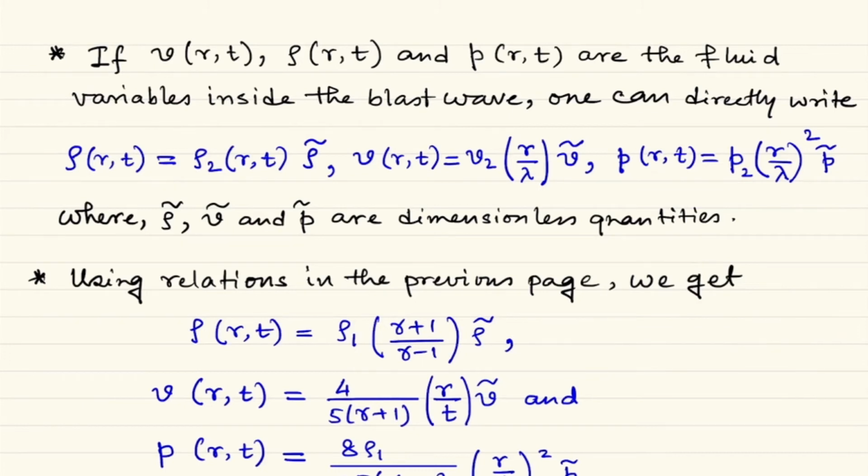Similarly, v tilde is also constructed by dividing v by v2, but there is one quantity, r by lambda, which comes into play, to the first power. If you remember what r by lambda is, this is nothing but xi R, a quantity which is constant over time.